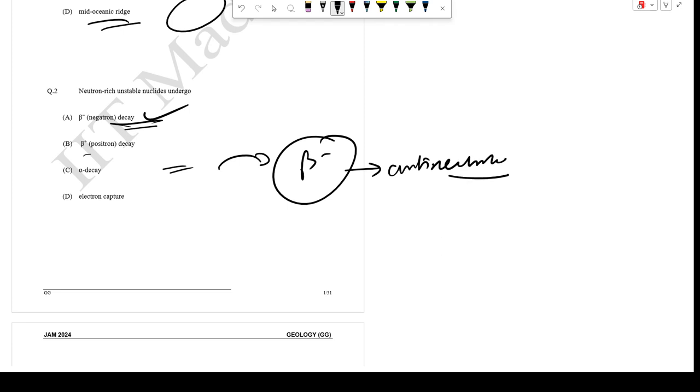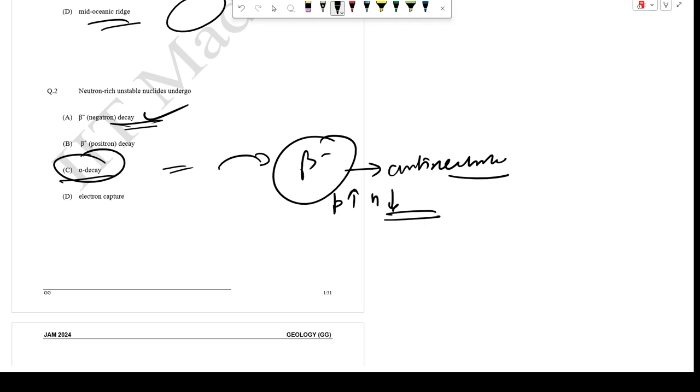So in this process there is an increase in the number of protons and a decrease in the number of neutrons, moving the nucleus closer to stability. Now there is alpha decay, which involves the emission of alpha particles, so it decreases both the number of protons and neutrons.